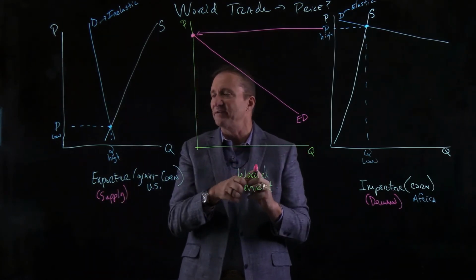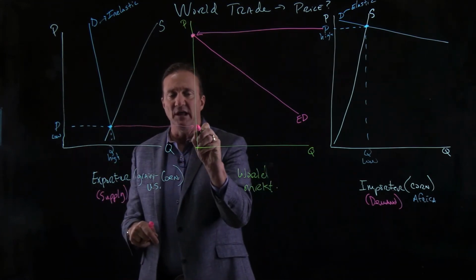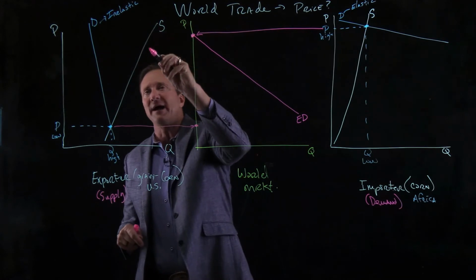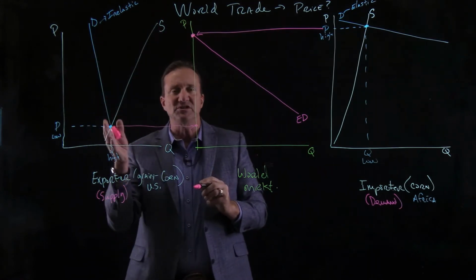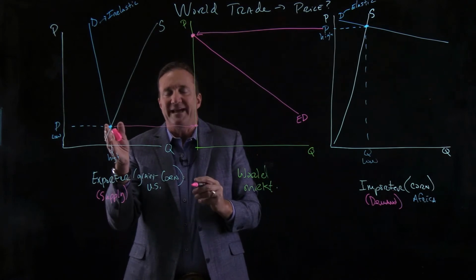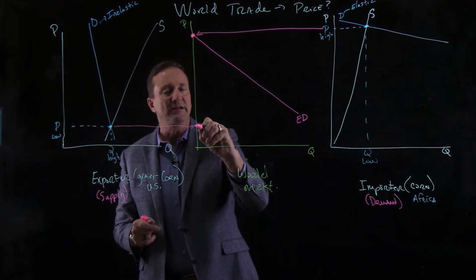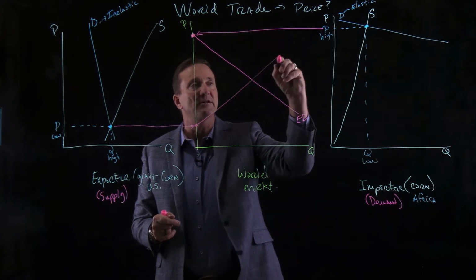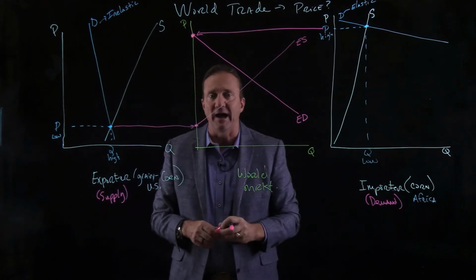I'm going to come over here, and of course, they sure would love to get rid of it. You've got suppliers that are like, man, I'd love to be able to get these prices, but our consumers just don't value our corn that much. They have plenty of it. It's not a big deal to them. So I'm going to continue on with the same concept of export or world supply.